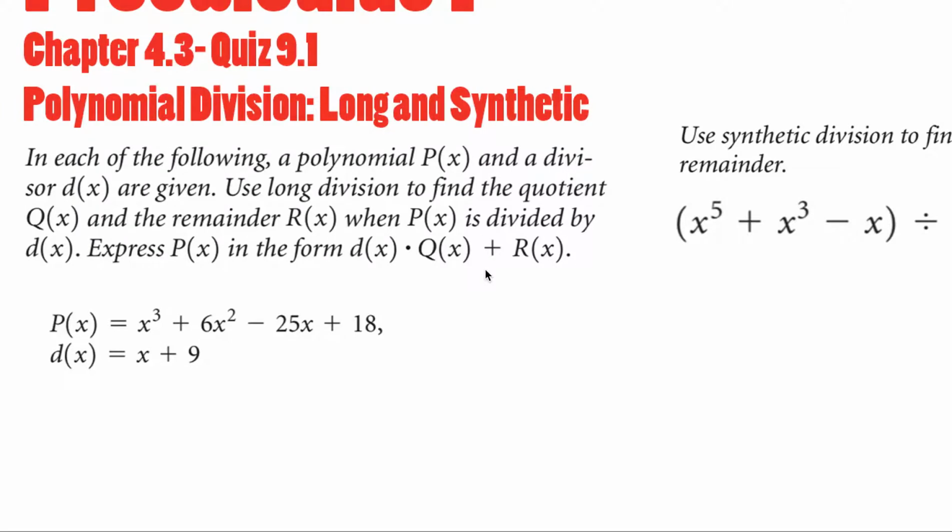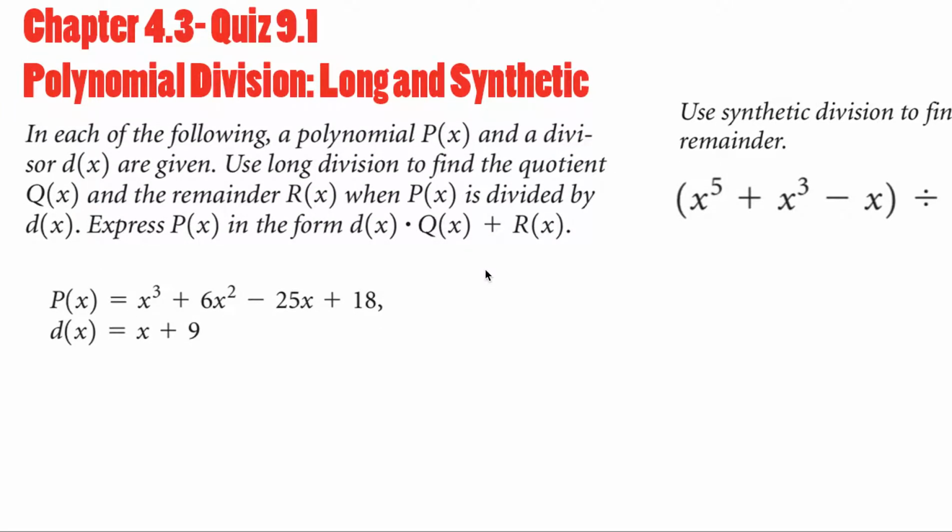So the first thing you want to do is set it up. If you're doing p of x divided by d of x, it's the same thing as x cubed plus 6x squared minus 25x plus 18 divided by x plus 9. Now, in this form, you won't be able to divide it using long division.